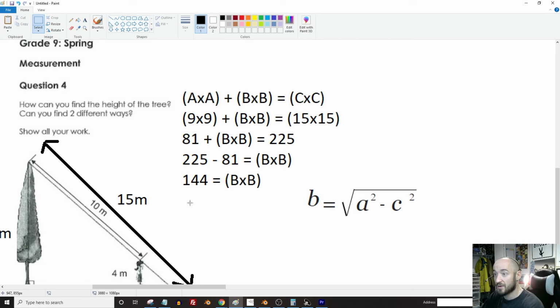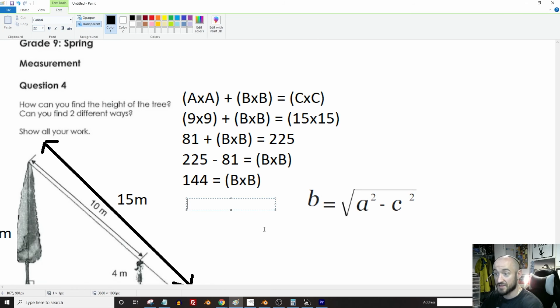So we'll put our b times b on this side. So b times b is going to be equal to 144. Nothing's changed, but 144 is a squared minus b squared. We did that up here. So all we need is the square root of 144.